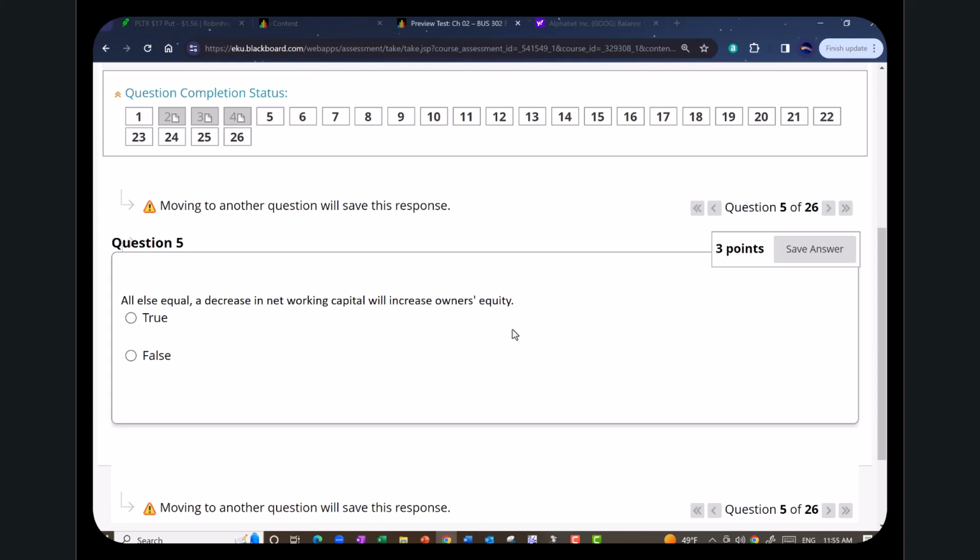So simplify it, suppose nothing happened to current liabilities. It's essentially your current assets are decreasing. If things you own are not worth as much anymore, what happens to your net worth, which is your equity? It's gonna go down. So this is indeed true. Oh no, false.